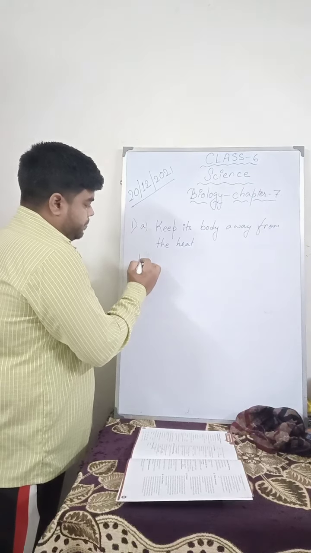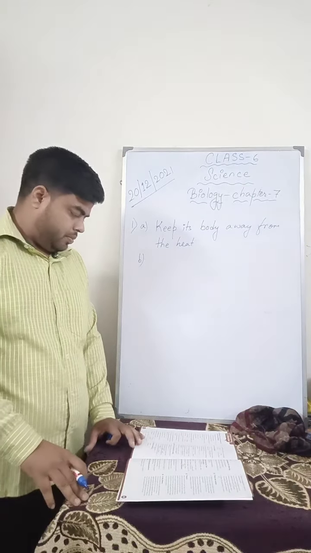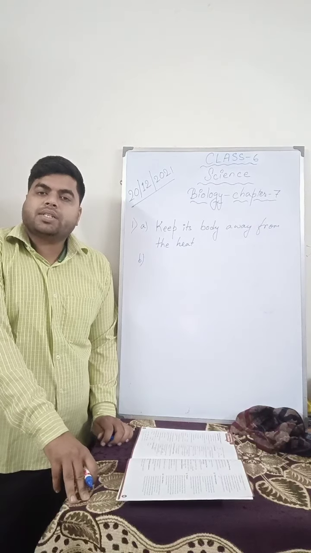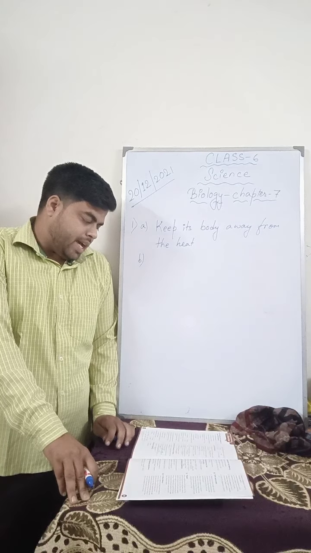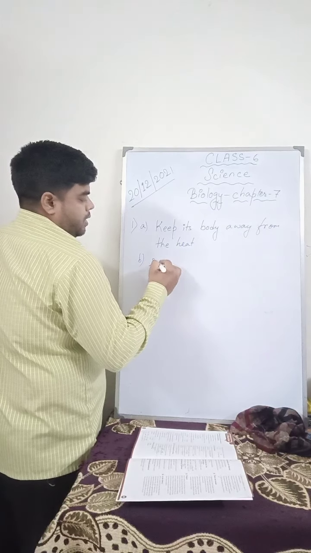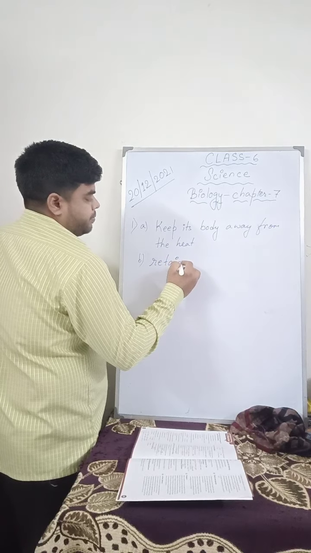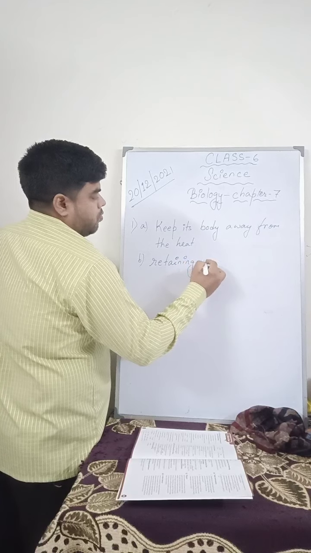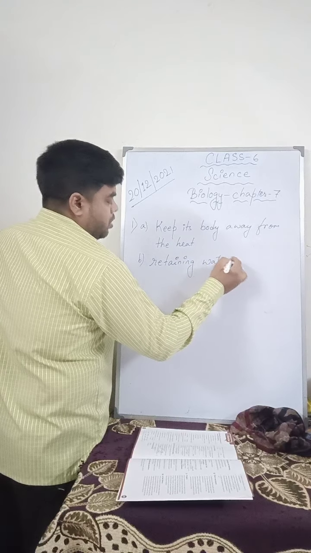Number B. The thick and waxy stem in a cactus plant helps in retaining water. That means to hold water.